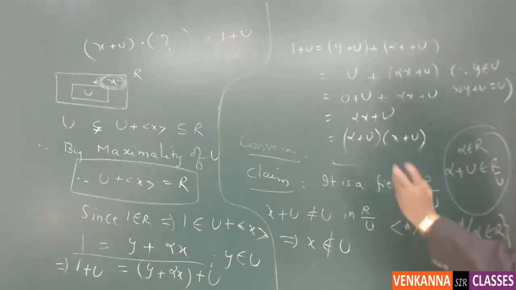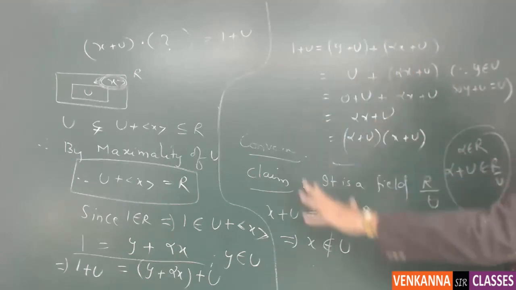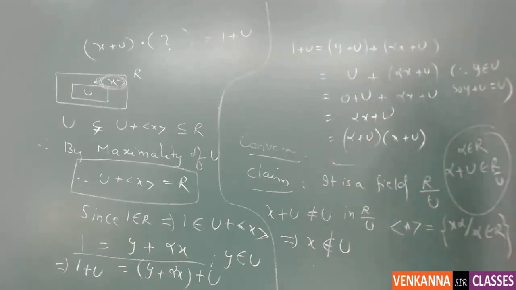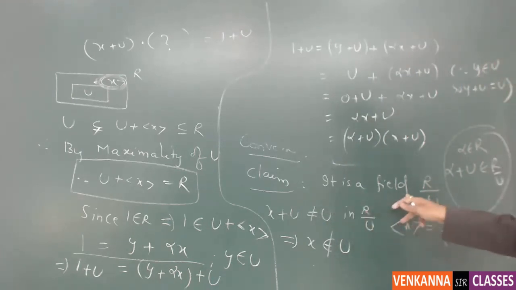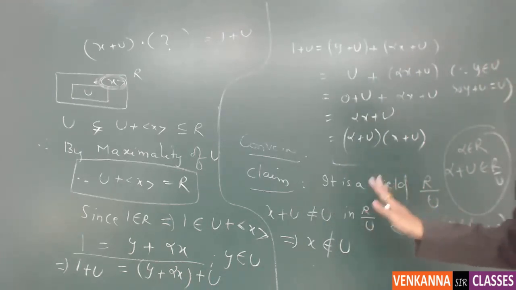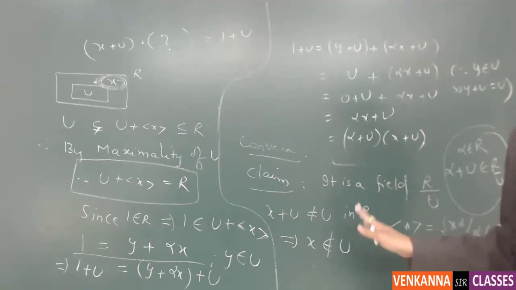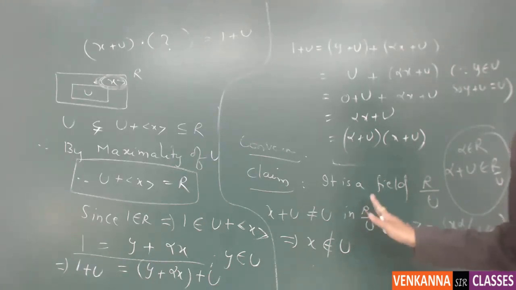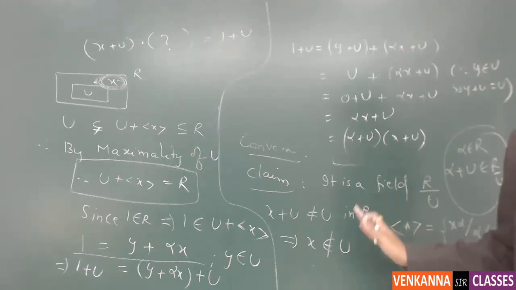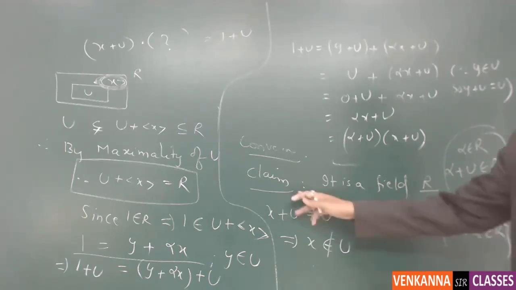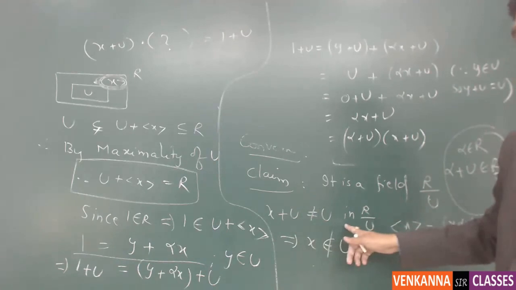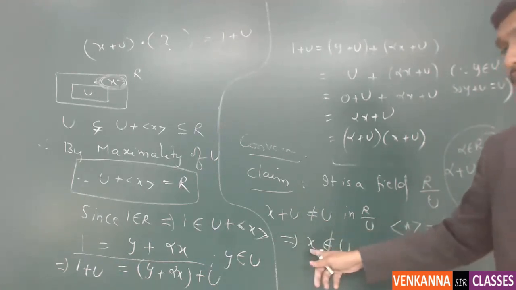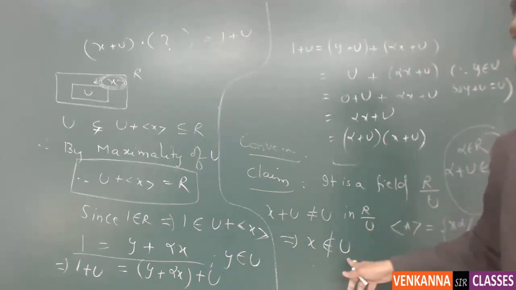So please understand the total approach of what we did. In the first step, as we know that R by U is a field, it is enough to show that if you take any non-zero element in R by U, it possesses the inverse. It is the single condition we need to show as per the claim considered. So I started with a non-zero element. So immediately I can say the element is not in the ideal.